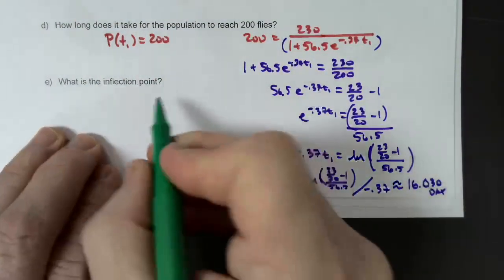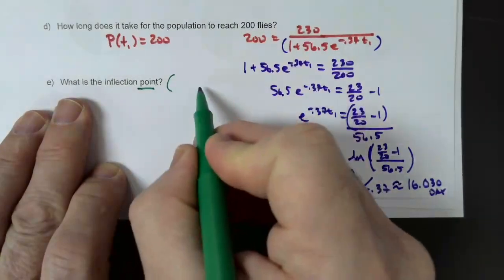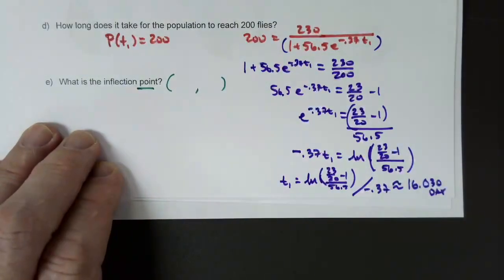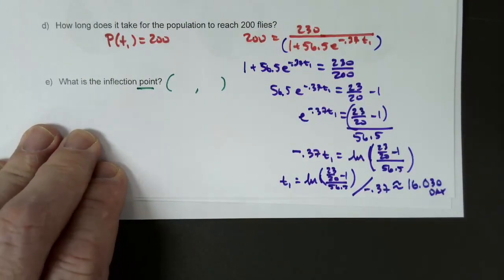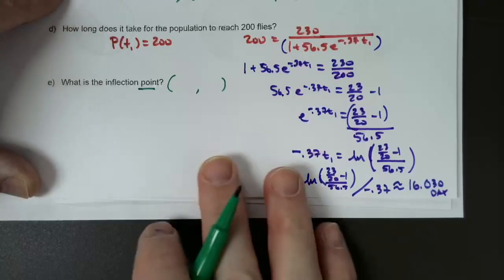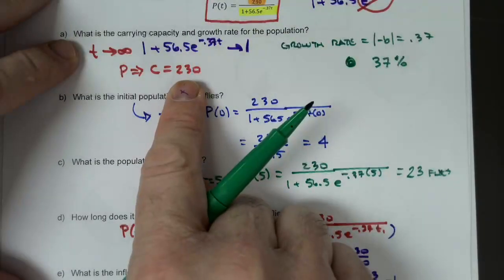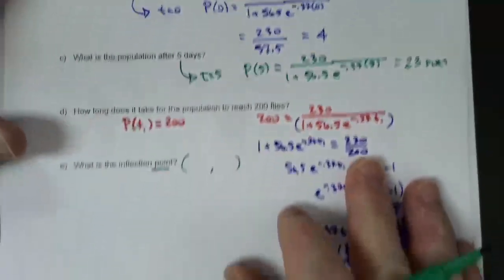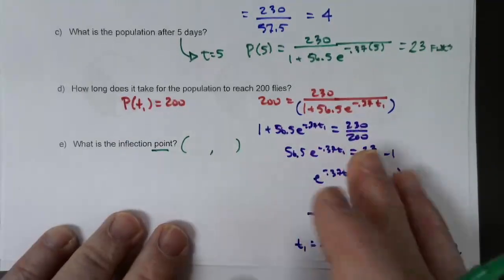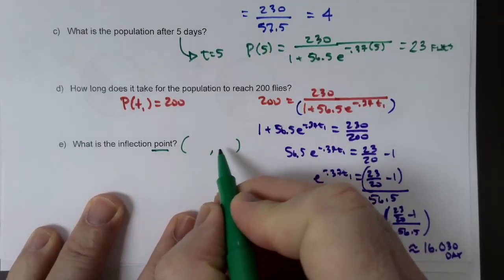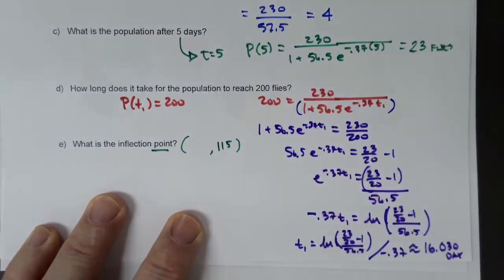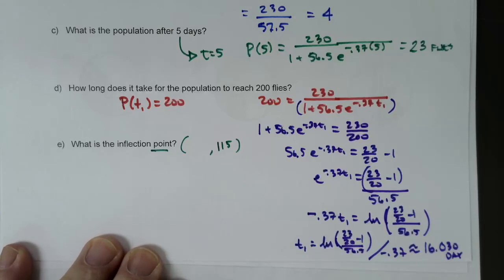It says inflection point, which means we're going to have an x and a y value. The easy part of this is knowing that our carrying capacity from the beginning was 230, so we have to just take half of 230, or 115 is our y value for this.